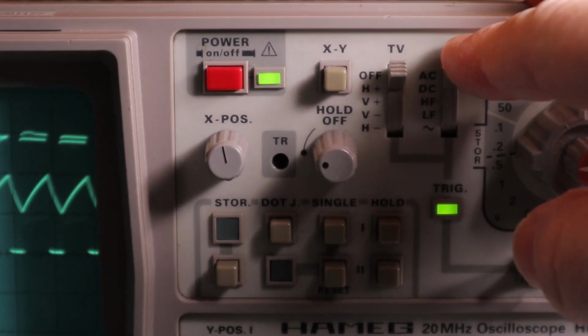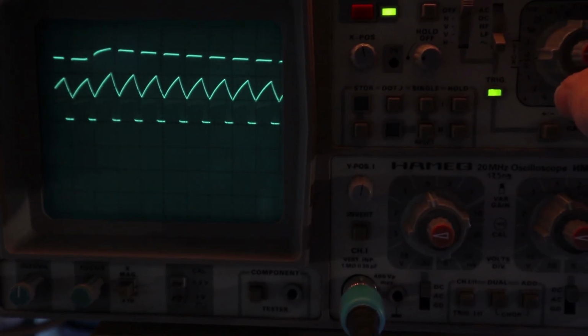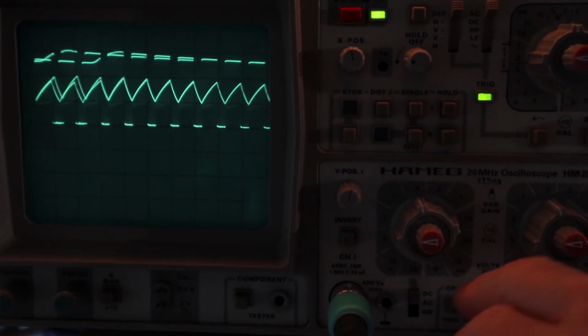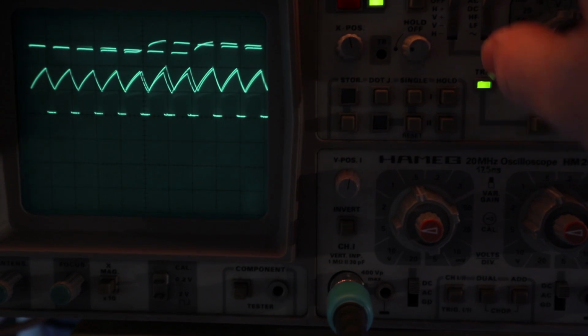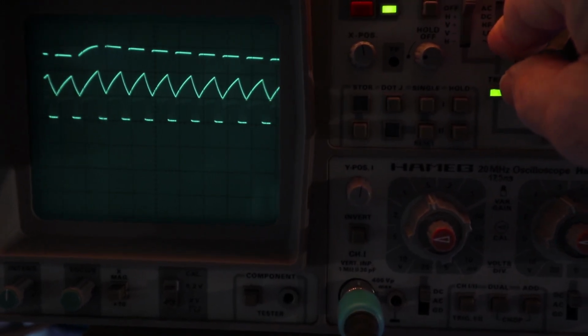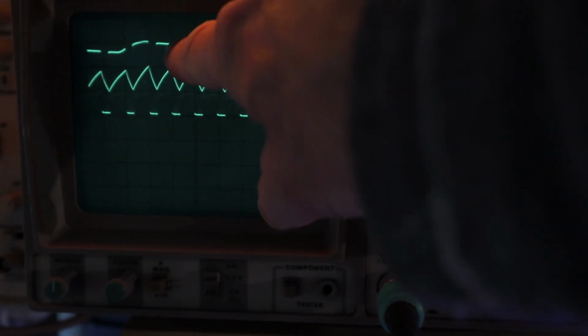Switching to line mode trigger, suddenly we notice that the superimposed waveform stops scrolling while the other waveforms scroll. This is a clear sign that the superimposed waveform is correlated with the mains frequency, and in a real situation this could be a hint to spot the origin of the anomaly.